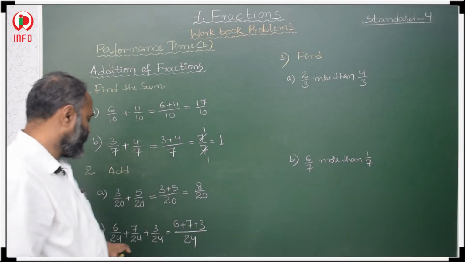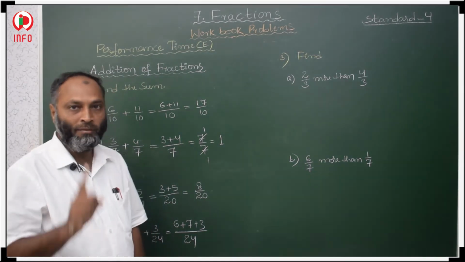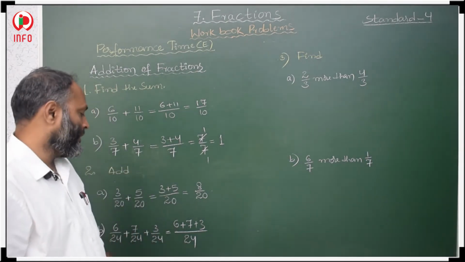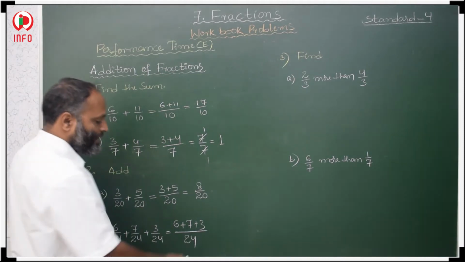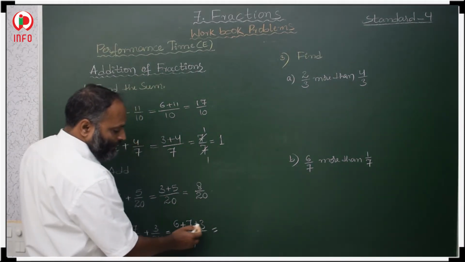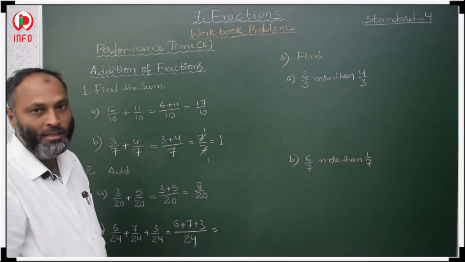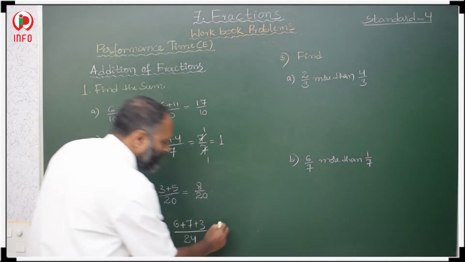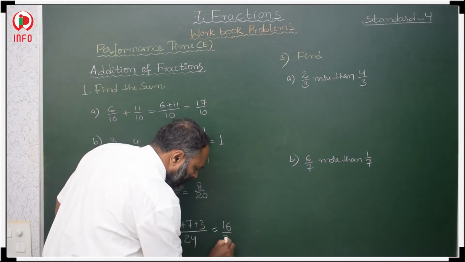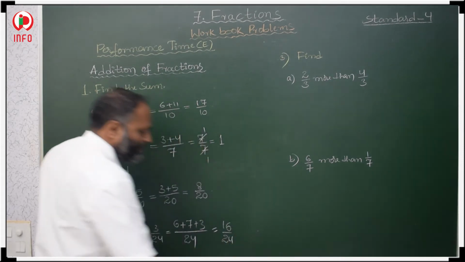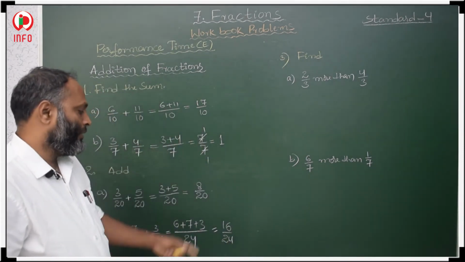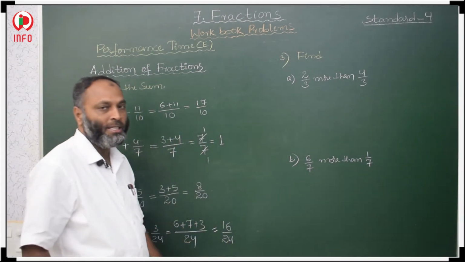No need to add 24 plus 24 plus 24, only one time. Then in the simplest way we add 7 plus 3, 10, 10 plus 6, 16, 16 by 24. If you want to simplify, then do the simplification.